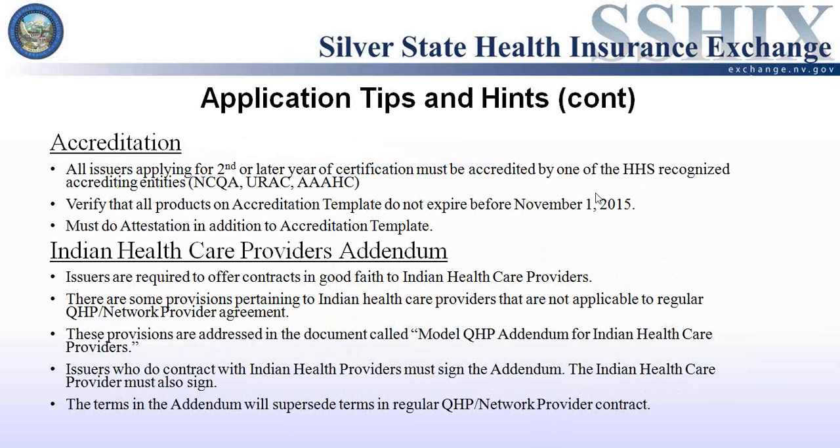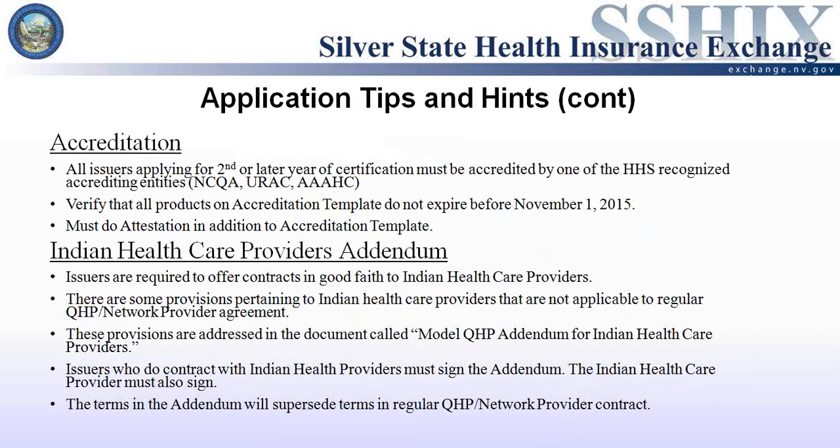The Indian Healthcare Providers Addendum: if you contract with an Indian provider, you need to sign an addendum that contains additional terms and conditions that apply specifically to Indian providers. There is a form, and we've attached it in our email.